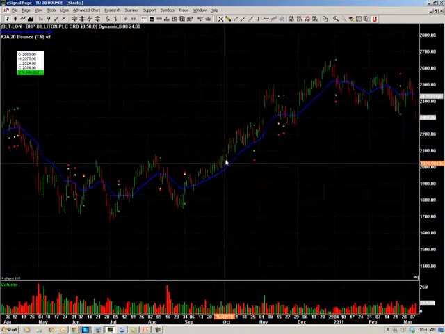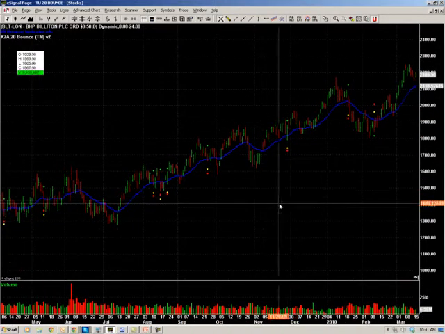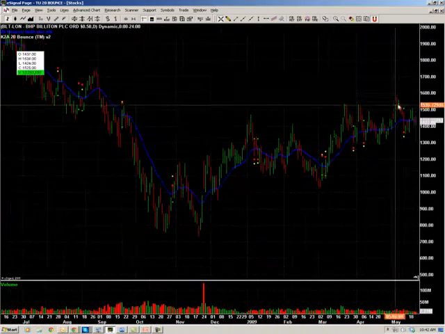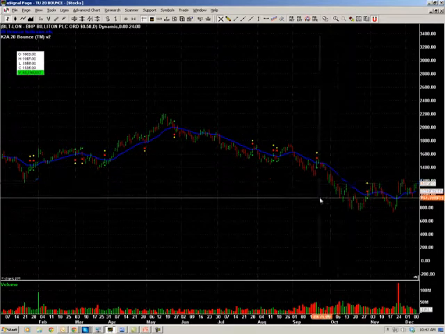It was giving 20 bounces to the upside. Nice 20 bounces there to the upside. Make sure the market is trending nicely before going for it.